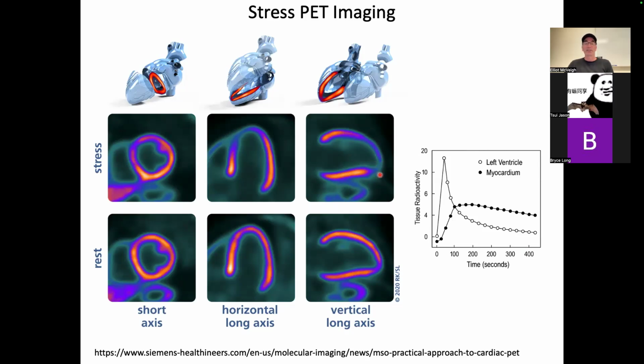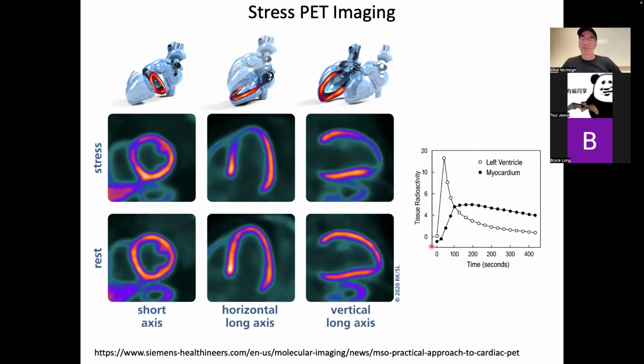Obviously, we're gone here under stress. There's just no blood getting there, and then it resolves at rest. So this is something that will resolve itself. That's a different type of perfusion than a fixed defect that just never gets any blood flow. This can get blood flow once we get back to rest.